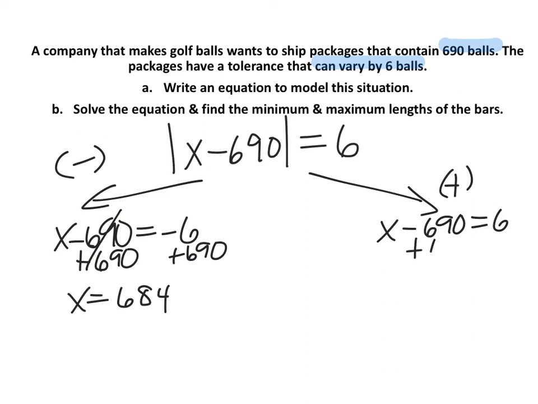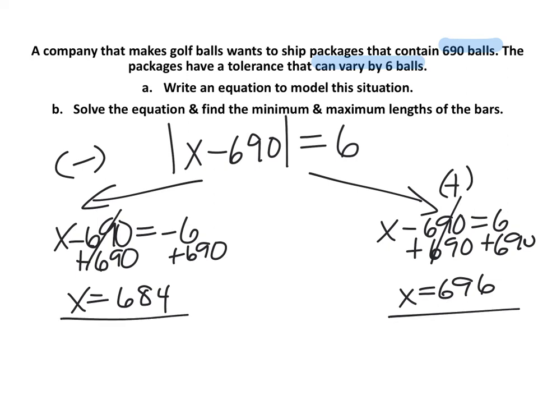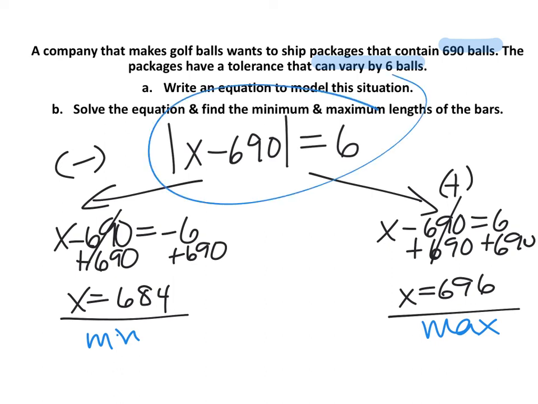And on the other side, when you add 690 to both sides, you get x equals 696. And there it is, minimum, maximum. As long as the packages contain balls within 684 and 696, it's good to go. Let's just label this to be safe. Min, max. So write your equation, find your solutions, and you're good to go.